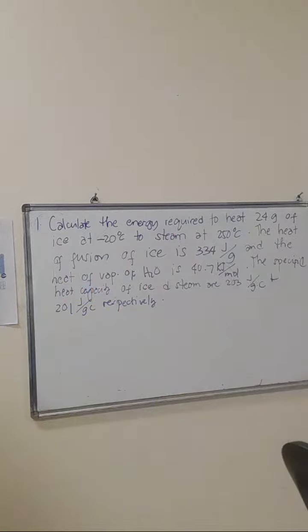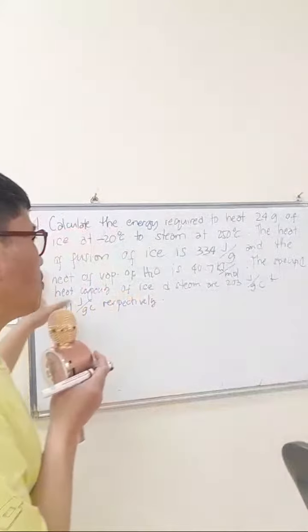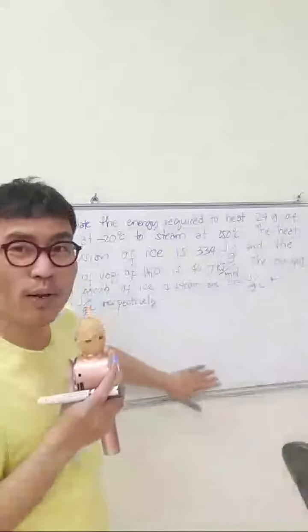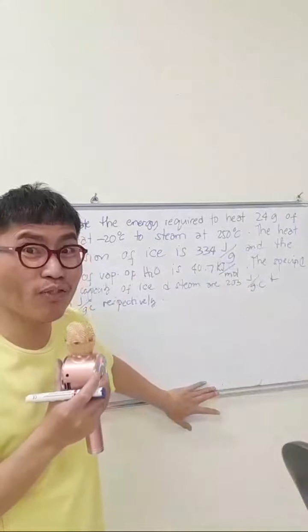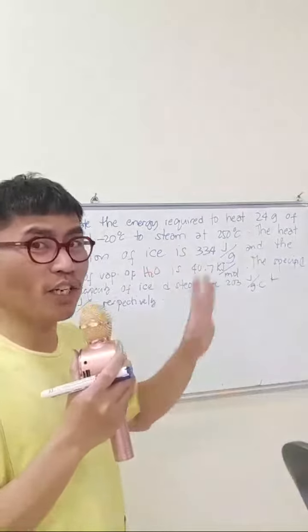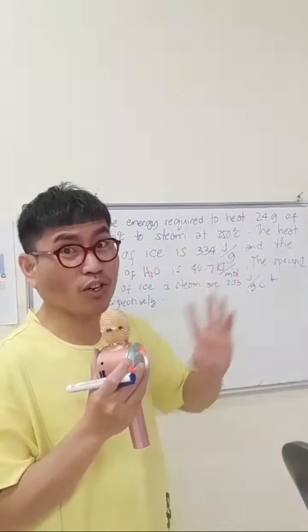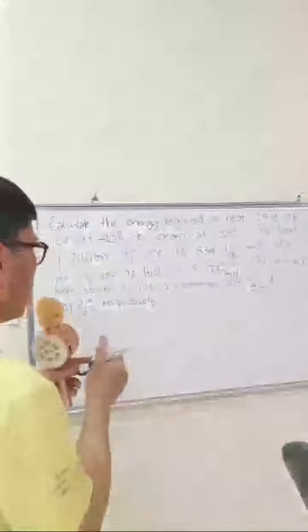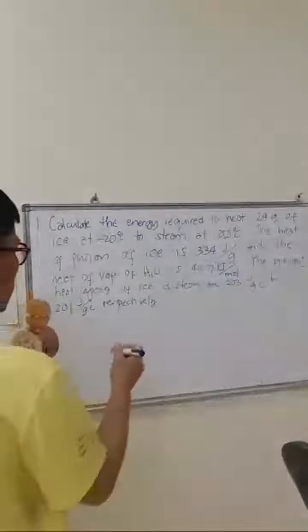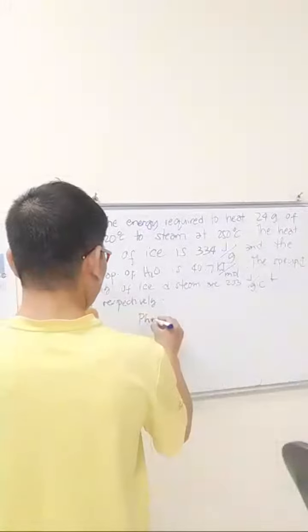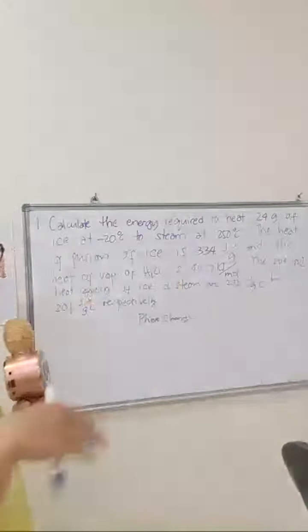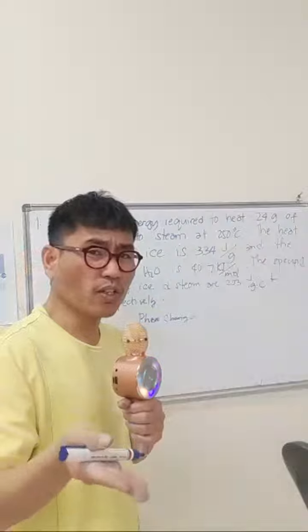A while ago, I discussed the pre-discussion for this, because it takes a longer time to discuss and do it in a separate vlog. Then we'll go directly to the 5 different processes involved. We need to be particular about the phase changes and temperature changes. I need to discuss a little bit of theory: if you talk about phase changes, you need to use the formula of heat of vaporization, heat of fusion, or heat of sublimation.